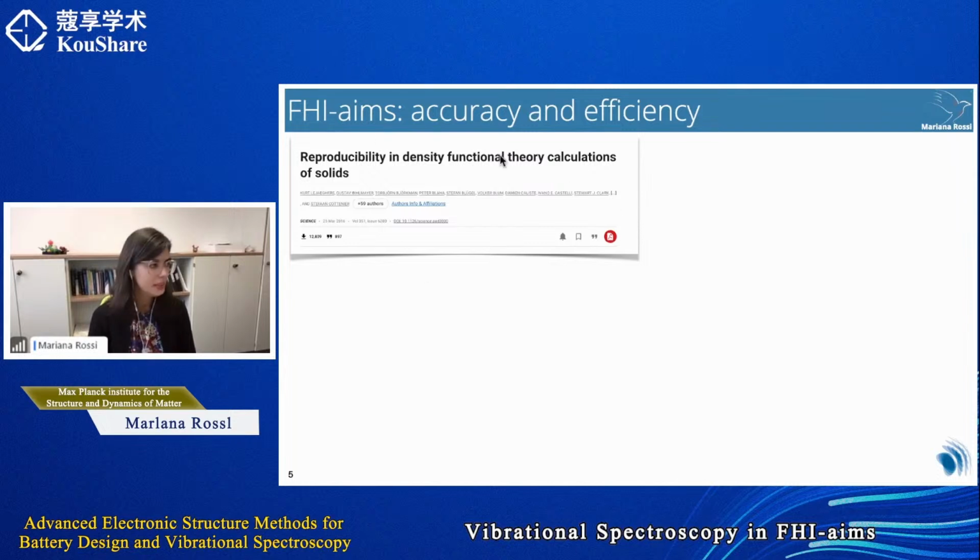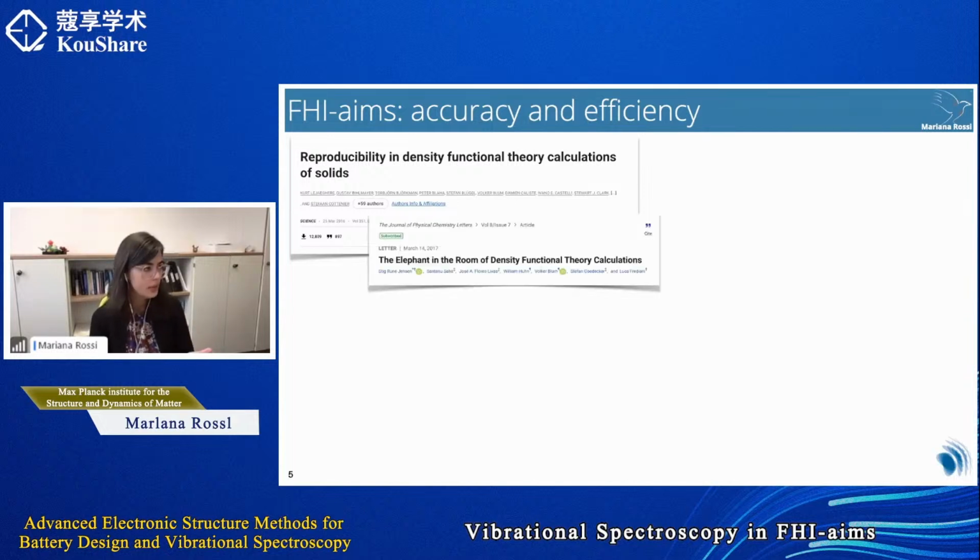This is one paper from 2016, the famous Delta test, which compared many different electronic structure codes in order to yield the equations of state of I think 70 elemental solids. They conclude that all-electron implementations are the most accurate and precise, and FHI-aims came out as one of the most precise codes there.